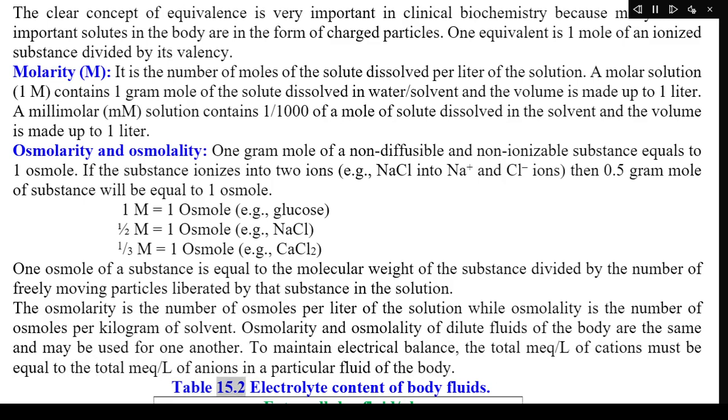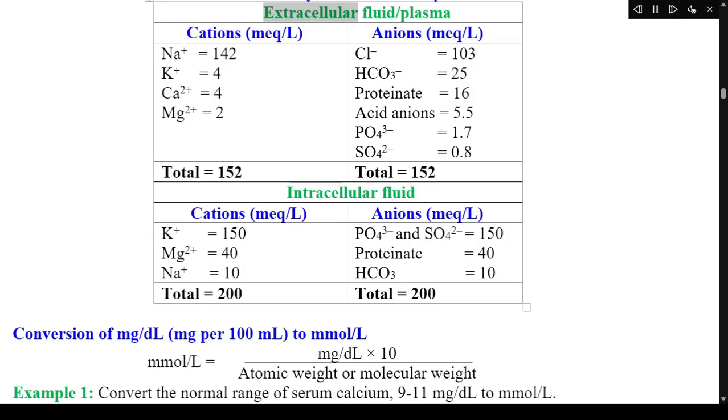Table 15.2 Electrolyte content of body fluids. Extracellular fluid/plasma. Cations, milliequivalent/L. Anions, milliequivalent/L. Na+ equals 142. K+ equals 4. Ca2+ equals 4. Mg2+ equals 2.